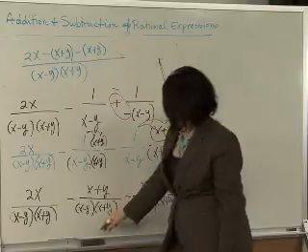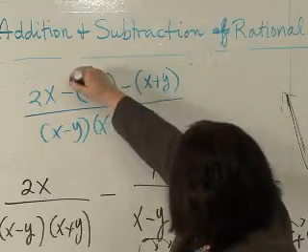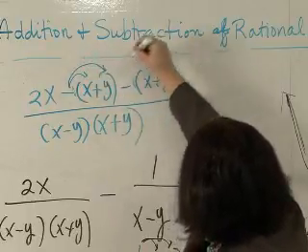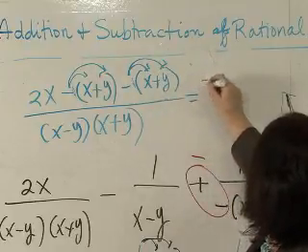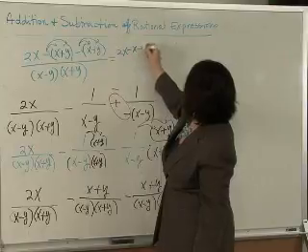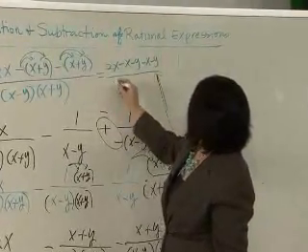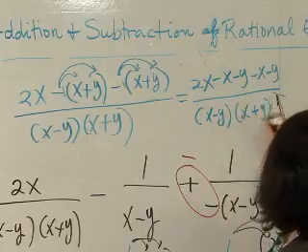Now I need to simplify the numerator by distributing that negative 1, the negative sign, right here. So you have 2x minus x minus y minus x minus y, again here, over x minus y times x plus y.